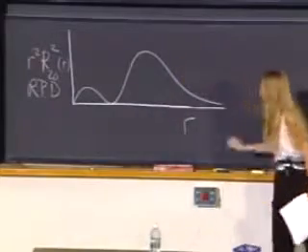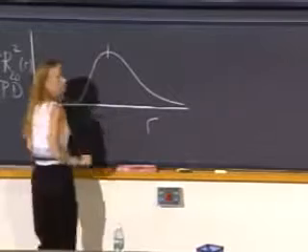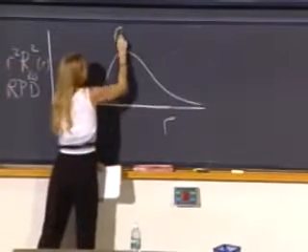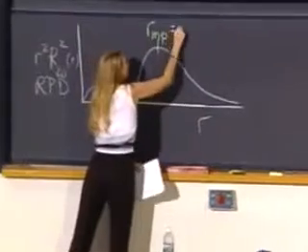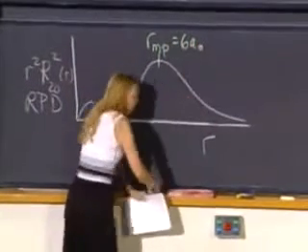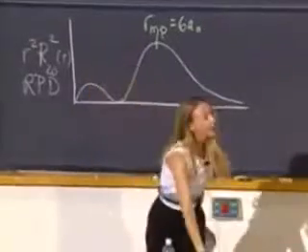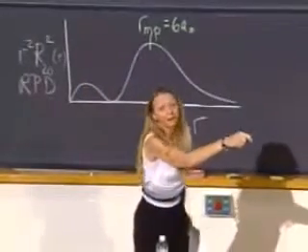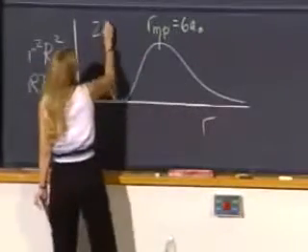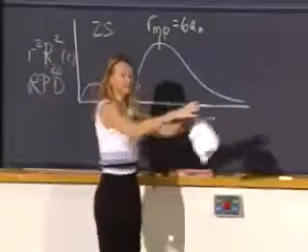And if I evaluated here, what is this value of r at which the probability is a maximum? Well, this most probable value of r is 6a0. Hey, look at that. The most probable value of r for 1s was a0. In the case of the 2s state here, the most probable value is 6a0, 6 times as far from the nucleus.